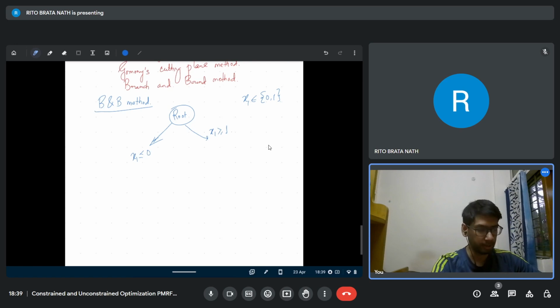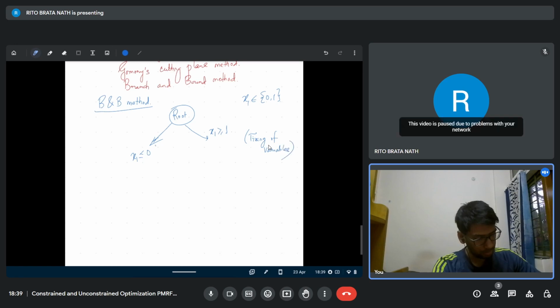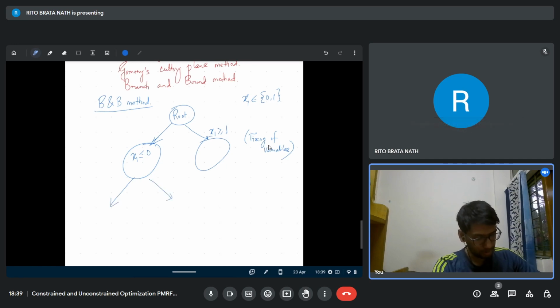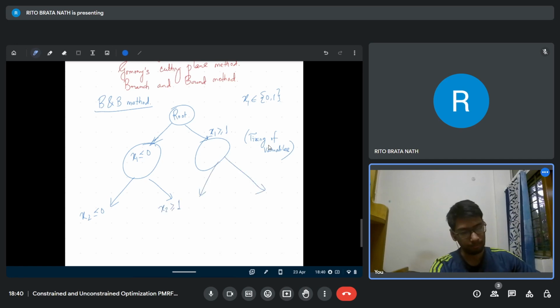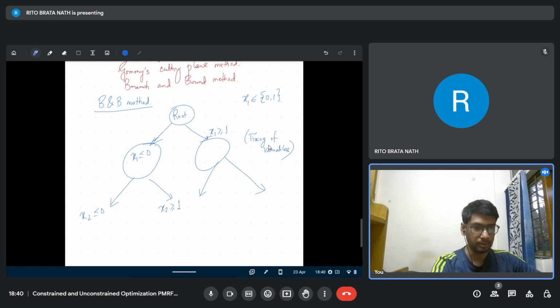So you are fixing variables, and you traverse this tree. Now you get to another node here, and another node. Then we'll do the same exercise with x2 less than or equal to 0, x2 greater than or equal to 1, and you have to traverse this branch and bound tree to get to the entire solution, right?